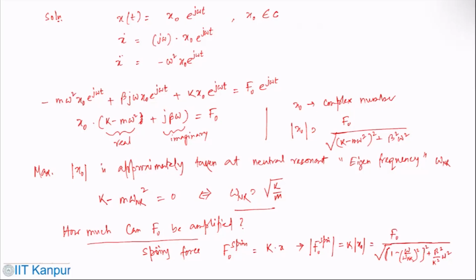So let's say at omega equals omega n r, we get F naught spring equal to K by beta omega n r.